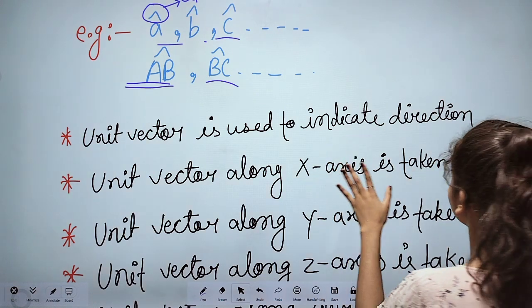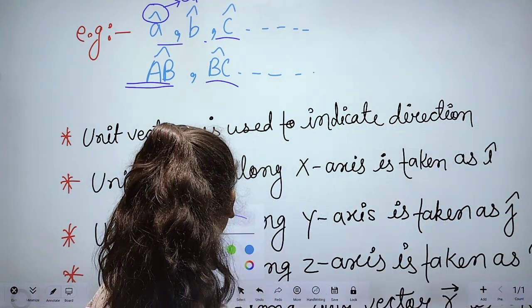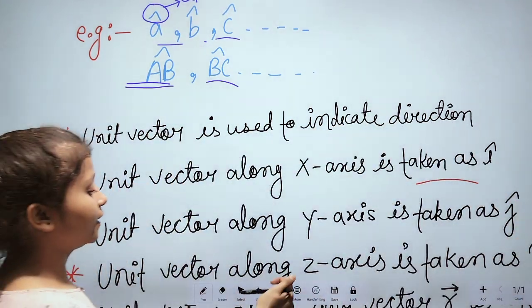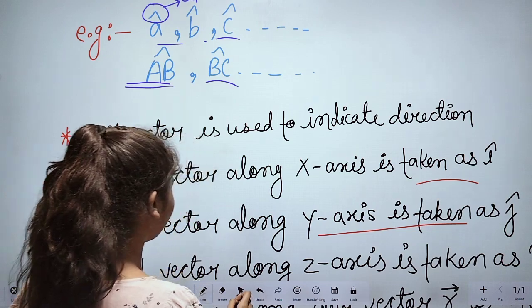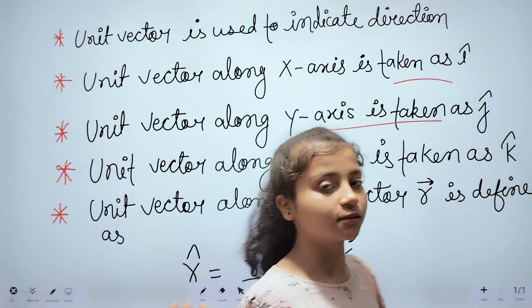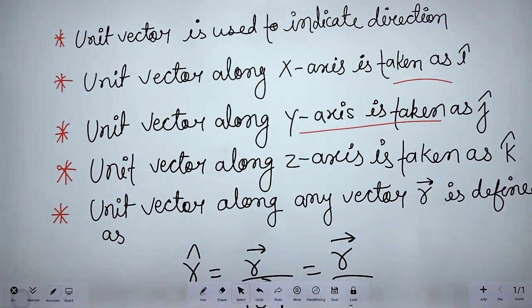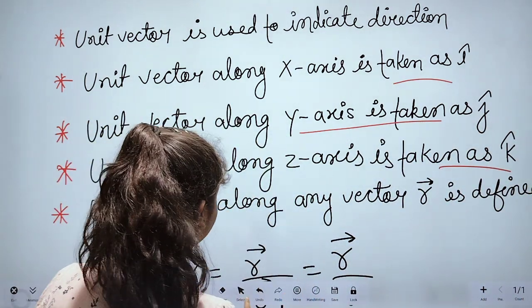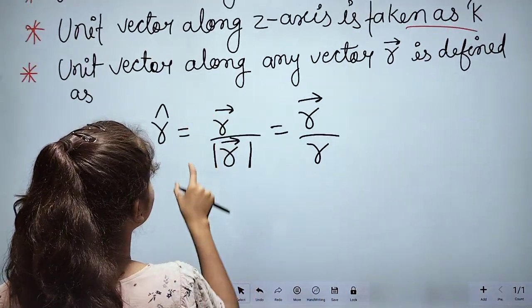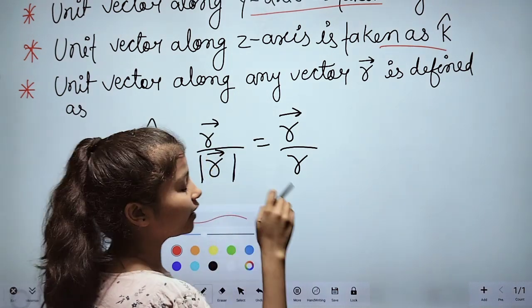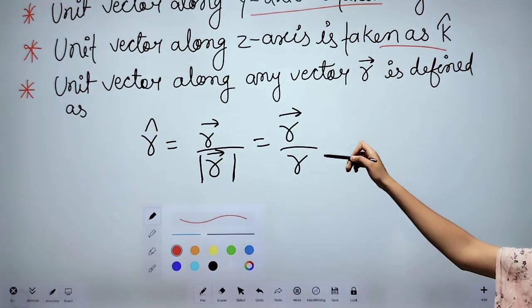Unit vector along the x-axis is taken as i cap, along the y-axis as j cap, and along the z-axis as k cap. You have to learn this. And the unit vector along any vector is r cap is equal to r vector by r vector mod, that is r vector by r.